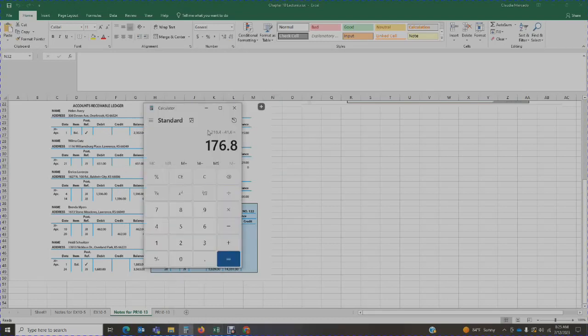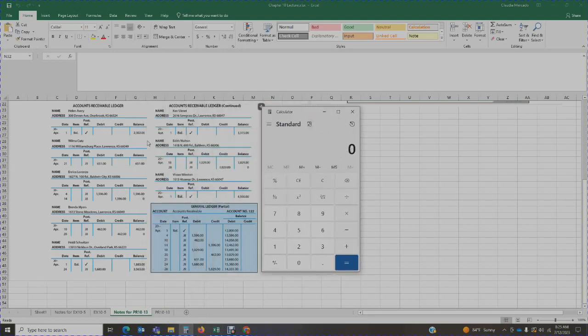So let's do a quick math here. According to this example provided in your book, the first customer owes me $2,302, the second $651. The third customer owes me 0. The fourth customer owes me 0. Then we have $3,563, $3,315. Then the other customer is 0, and then $4,500.